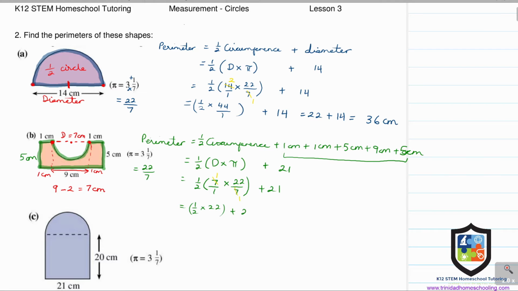And then we're going to add 21 to that. So a half of 22 is 11 plus this 21 to give me 32 centimeters. So the perimeter of my shape here is 32 centimeters.